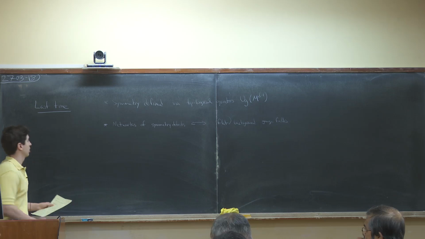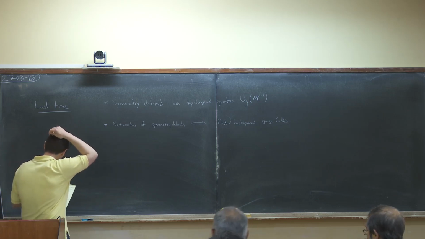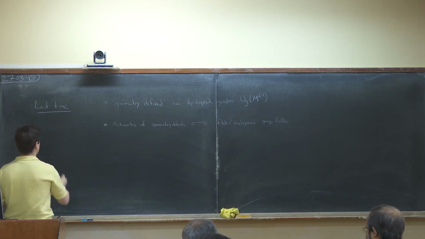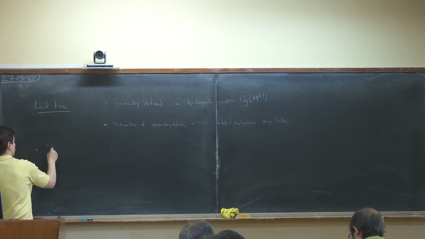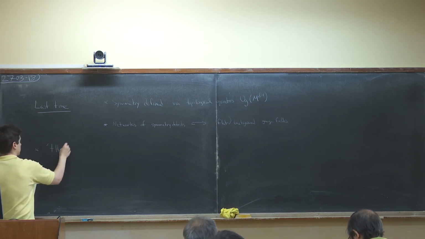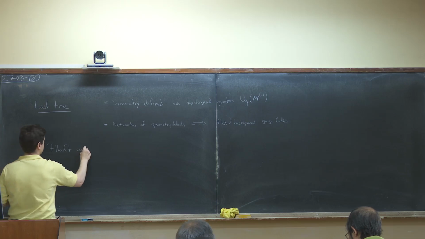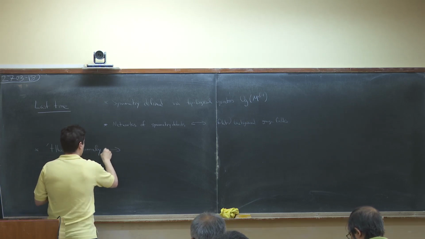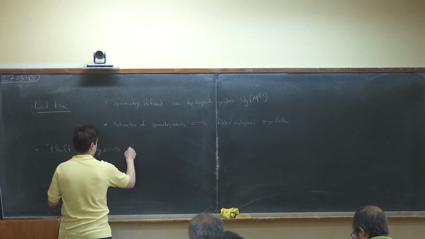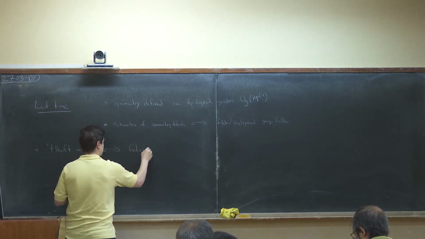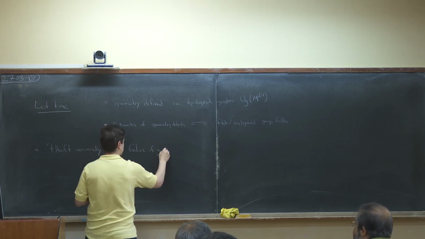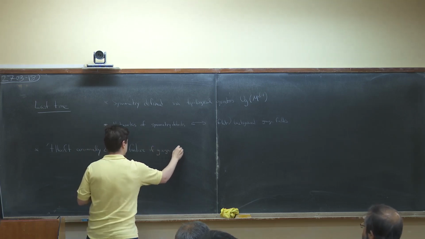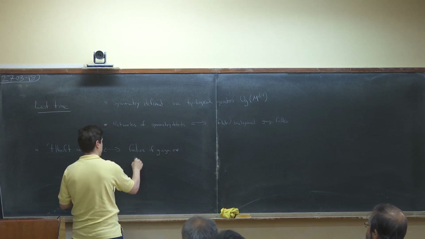Okay, so we saw these two things, and then at the very end, I made a kind of claim that an 't Hooft anomaly was, on the one hand, failure of gauge invariance for a background field.